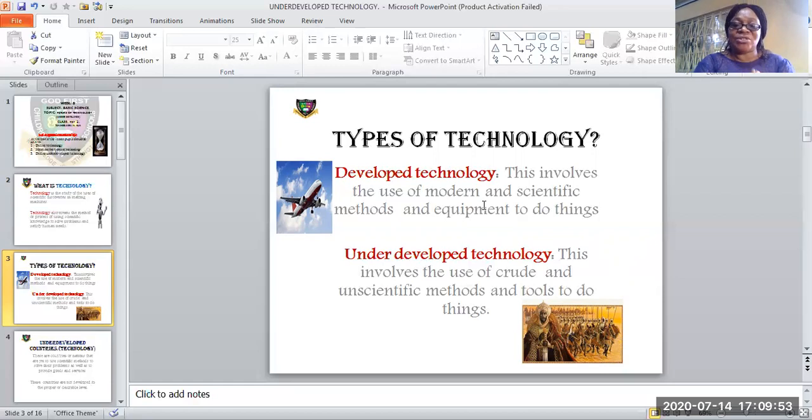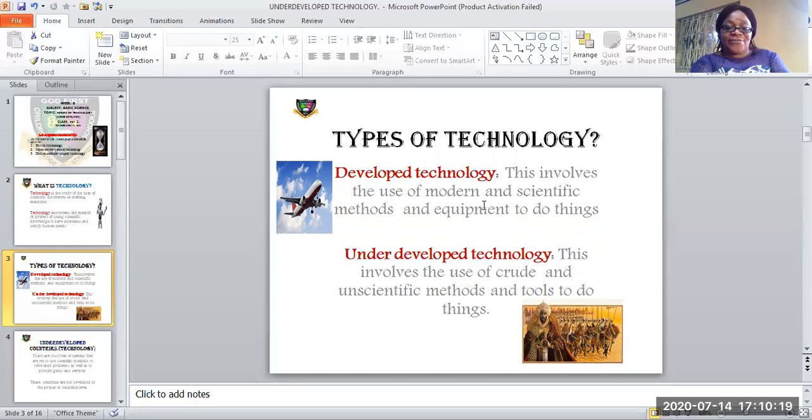There are countries that are well developed in their technology, and we call them developed countries. The countries that are underdeveloped in their technology, we call them underdeveloped countries. There are some countries that are in between developed and underdeveloped.